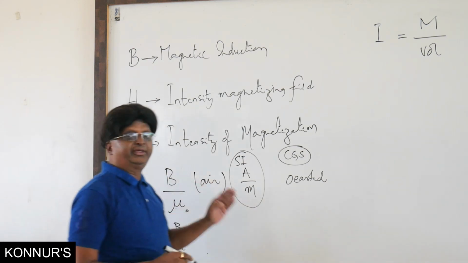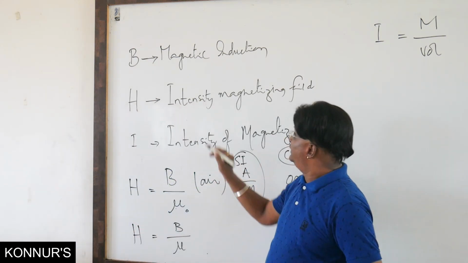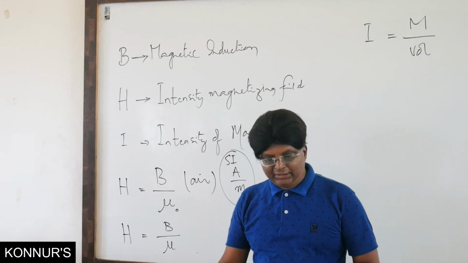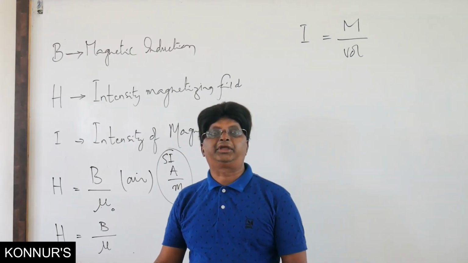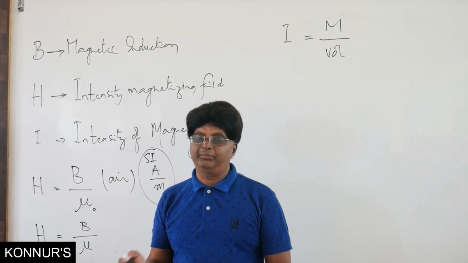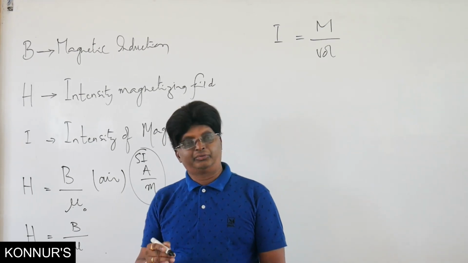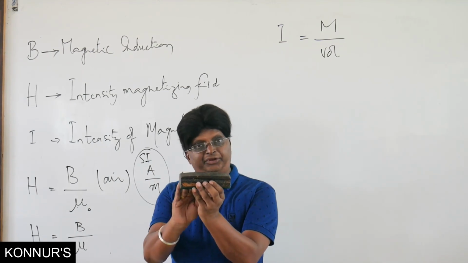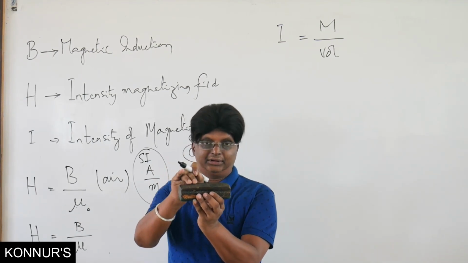Now, what is this H? The name itself suggests it is the intensity of magnetizing field. Supposing I have a magnetic material, not a magnet, say iron, and I want to make this magnetic material into a magnet.